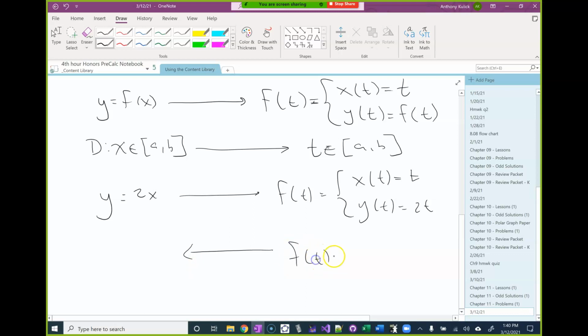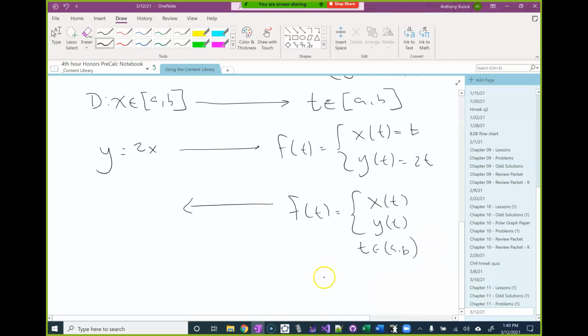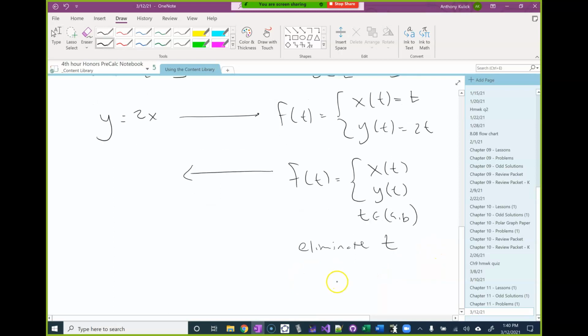So if we have some parametric function, what you want to do is eliminate t from the system x of t, y of t.